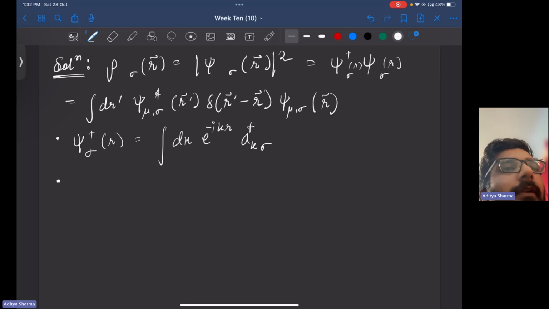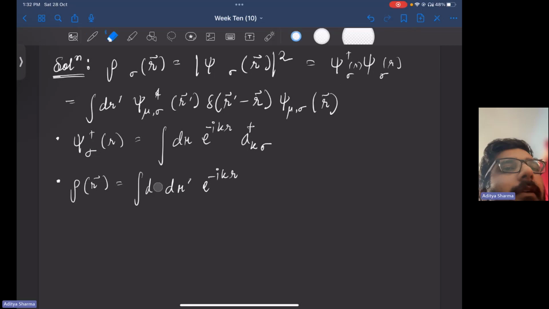Now we are going to put it in rho. Rho of r is the integral over dk dk prime of e to the minus ikr a_k dagger sigma, times e to the ik prime r a_k prime sigma.